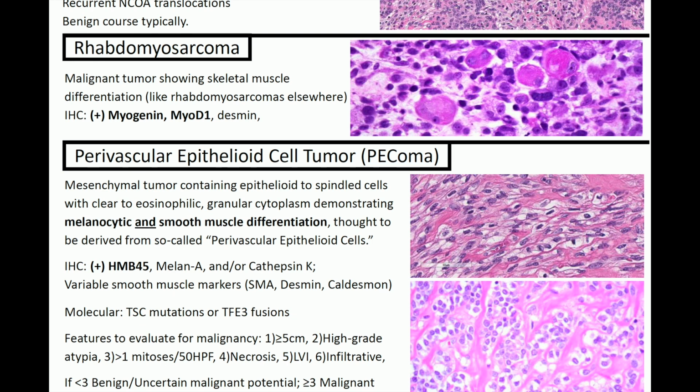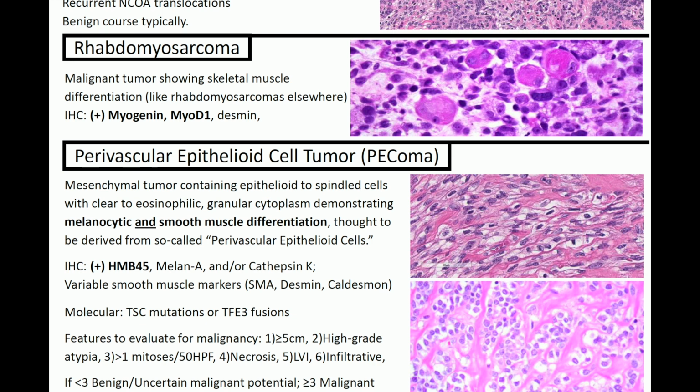For IHC, it's going to stain positive for HMB45, Melan-A, and/or cathepsin K, with variable smooth muscle markers: SMA, desmin, caldesmon. And the molecular is going to have a TSC mutation or a TFE3 fusion.